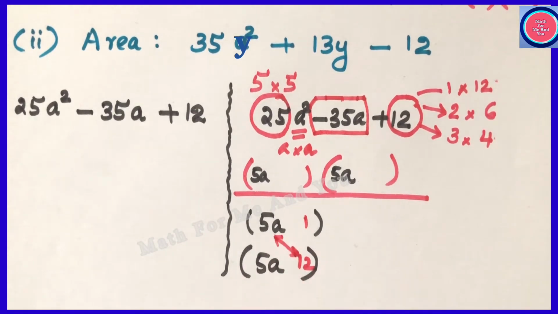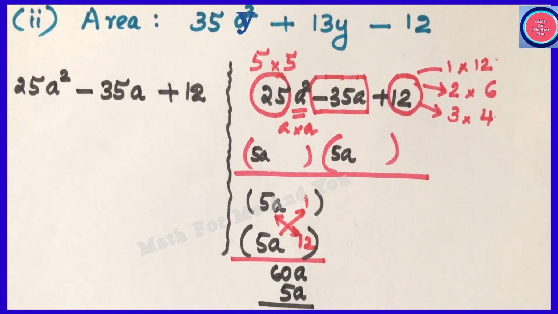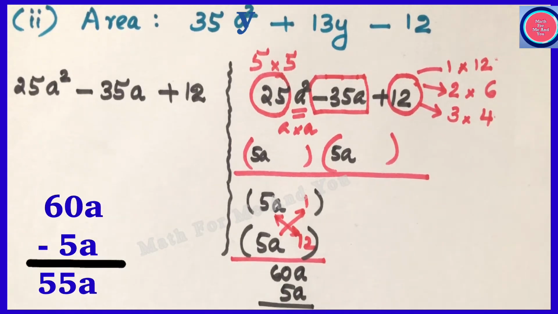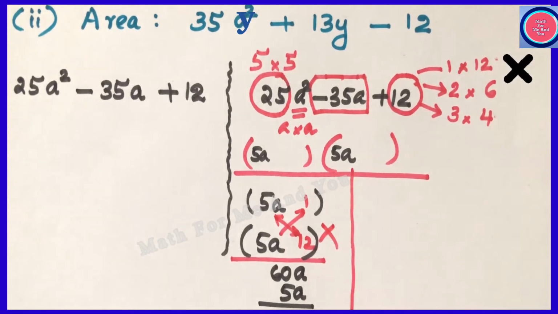This is the cross multiplying method. 5a times 12 is 60a. Next 5a times 1, which is 5a. So these are the a terms. What is the sum or the difference? If it is 35, we can say this is the correct pair. Sum is 65 and difference is 55, which is not the middle term. That means 1 and 12 are not matching numbers.